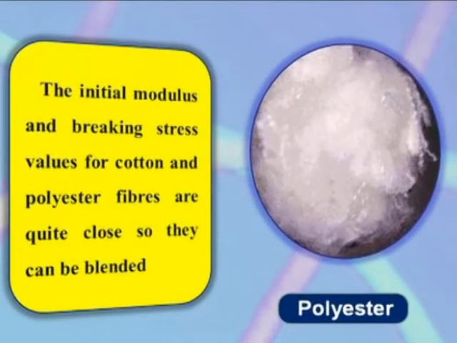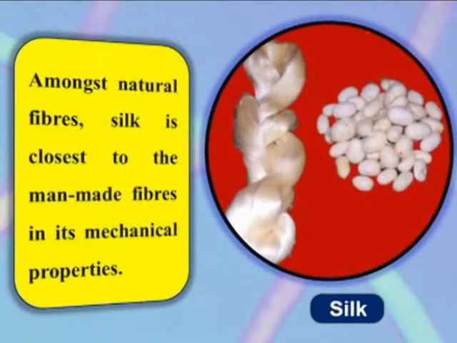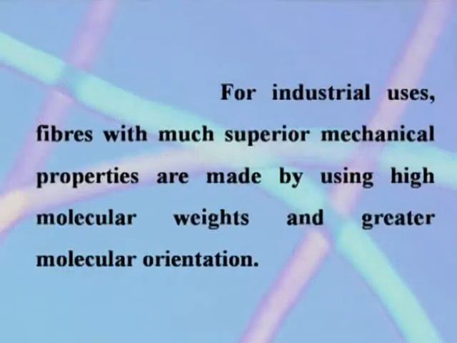The initial modulus and breaking strength values of cotton and polyester fibers are quite close, so they can be blended. Amongst natural fibers, silk is closest to man-made fibers in its mechanical properties. For industrial uses, fibers with much superior mechanical properties are made by using high molecular weights and greater molecular orientation.